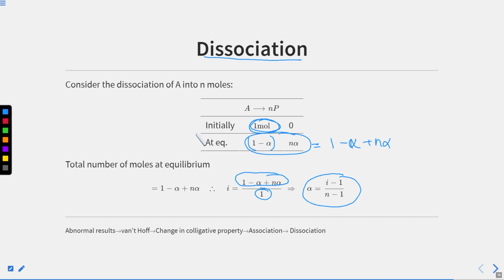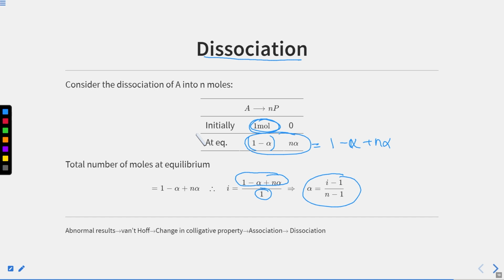Then we move to relative lowering of vapor pressure. It was derived directly from Raoult's law, and it was said that the relative lowering, that is, lowering relative to the vapor pressure of the pure solvent, delta P1 by P1 zero, will be equal to the mole fraction of component 2. So it can be written as n2 by n1 plus n2.